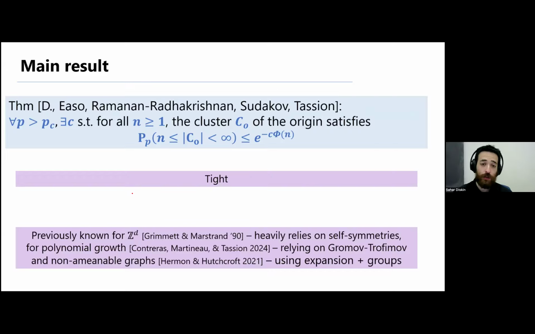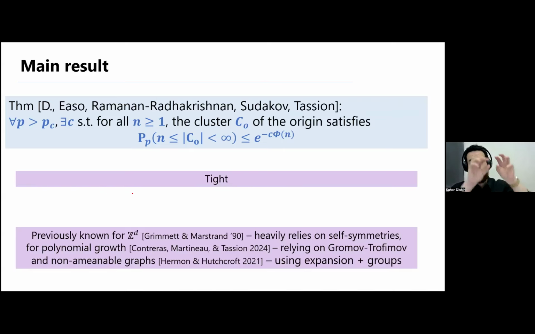One thing that they show there is that the probability that I manage to connect a set and its boundary is essentially: I only need to pay exponential in the boundary of the set. I don't need to pay anything more in vertex transitive graphs.